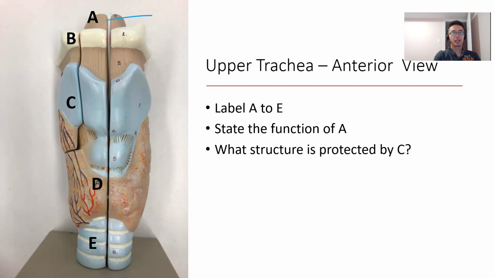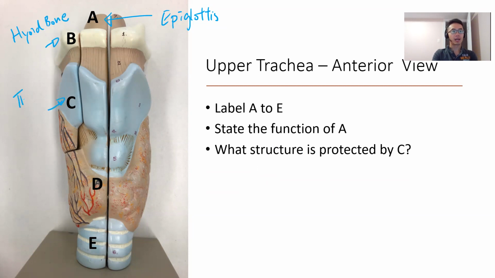A is the epiglottis. Its function is to cover the glottis, to cover the airway when you're swallowing, so we don't choke. B is the hyoid, providing attachment sites for various muscles.